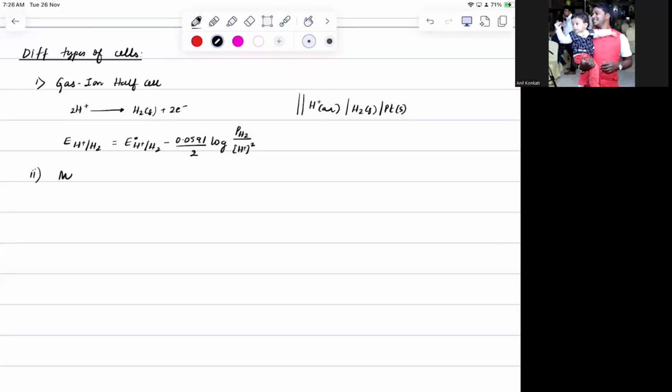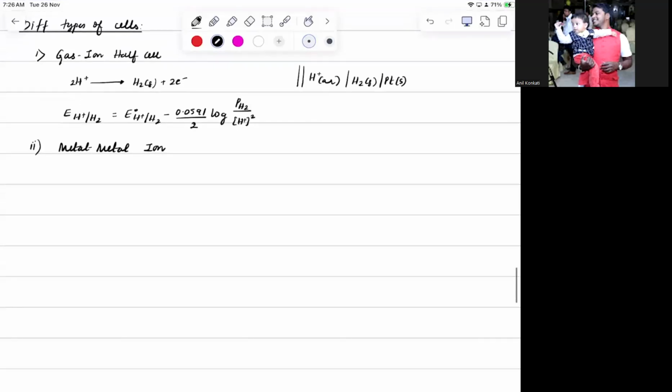Second one is the metal–metal ion half cell. That is Mn+ plus n electrons changing to M solid.